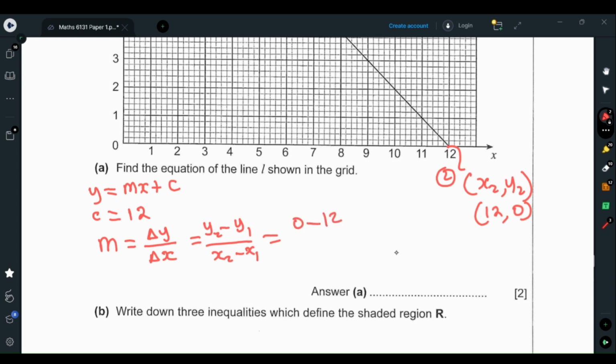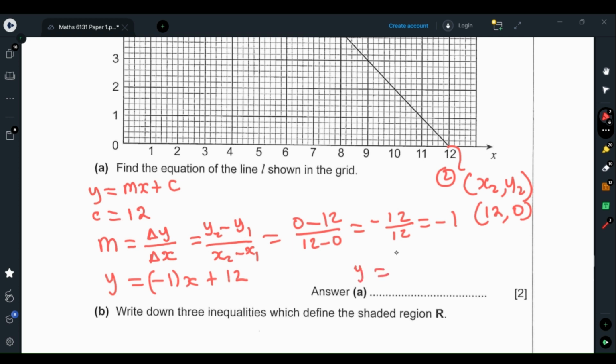So y2, which is 0, minus y1, which is 12, divided by x2, which is 12, minus x1, which is 0, gives us minus 12 over 12, which is minus 1. So the gradient is minus 1, therefore the equation is minus 1 multiplied by x plus c, where c is 12.